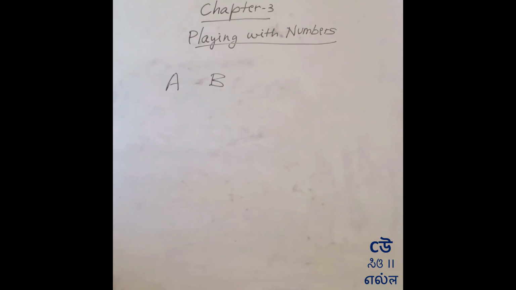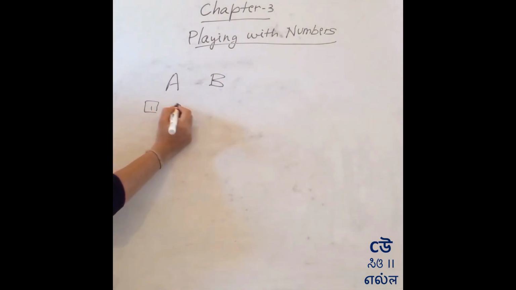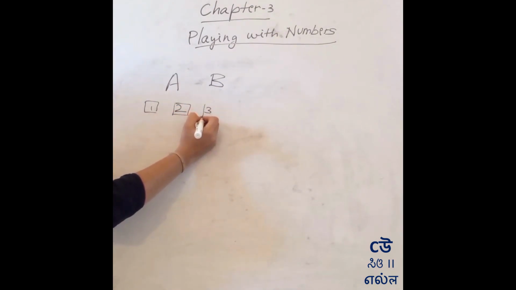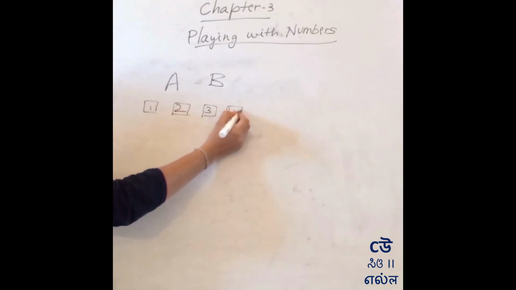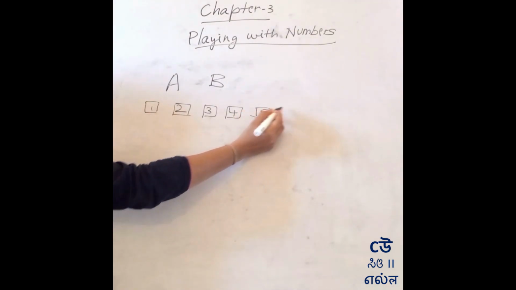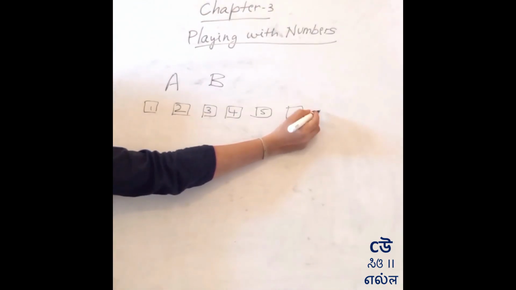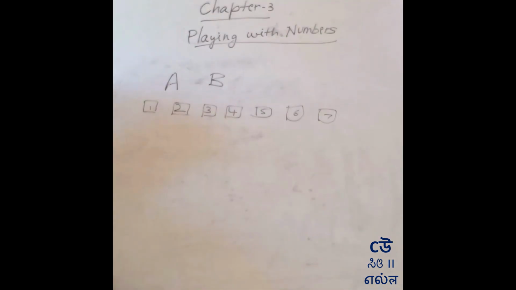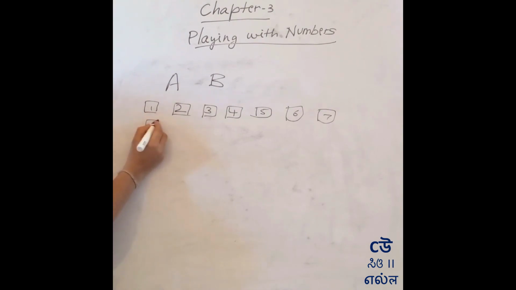First, arrange the cards according to the continuous numbers. So let us arrange the numbers with 50 cards. I will arrange as 1, 2, 3, 4, 5, 6, 7. In each row I am arranging 7, 7.